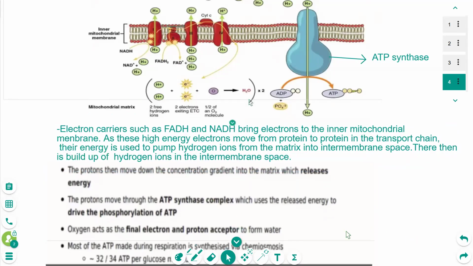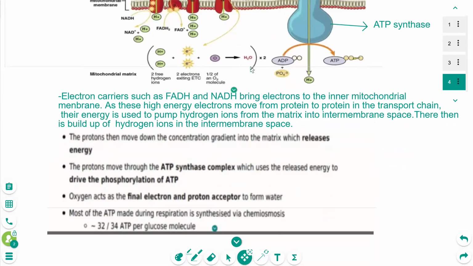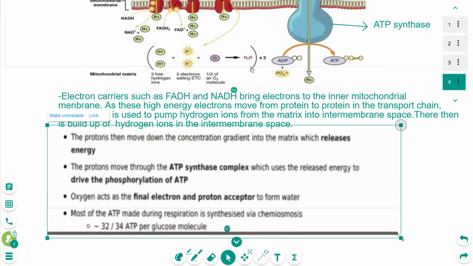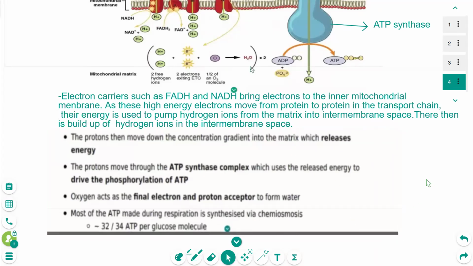Then, the notes would continue to say that the protons will move down their concentration gradient into the matrix. Because now there's a high concentration in the intermembrane space and they want to go back into the matrix. But for them to go back, they have to pass through the ATP synthase complex. The ATP synthase uses the energy to drive the phosphorylation of ATP.